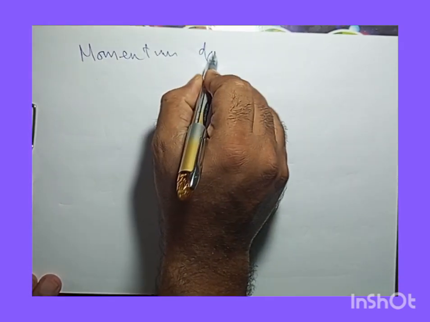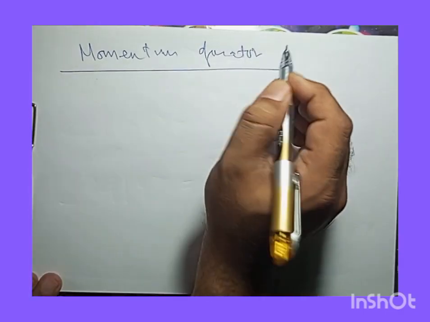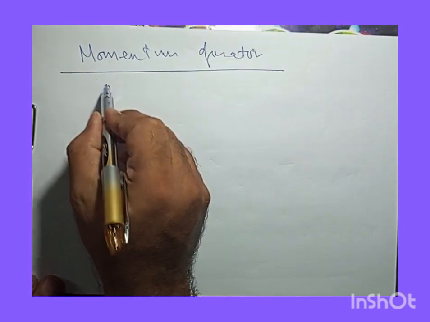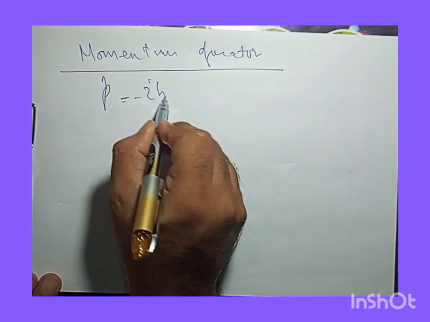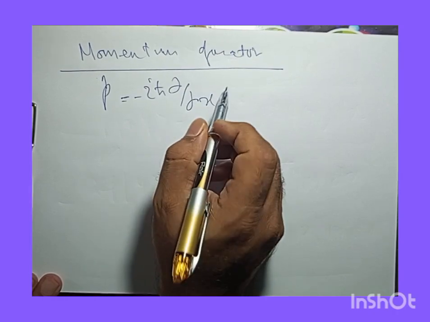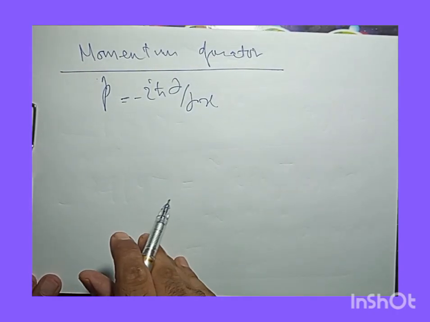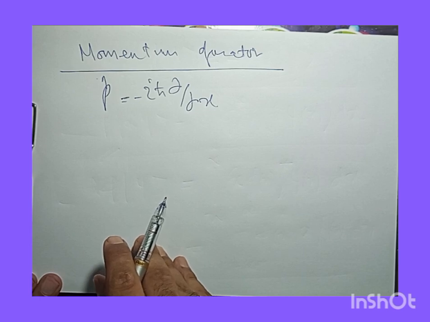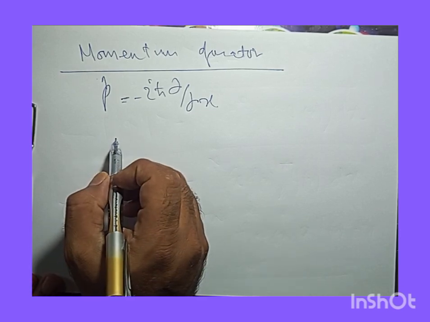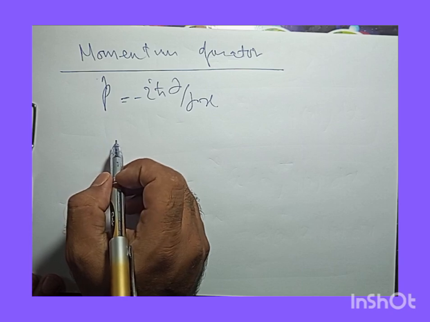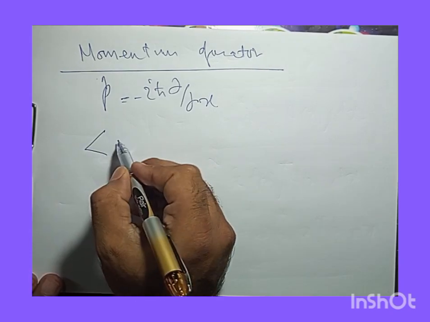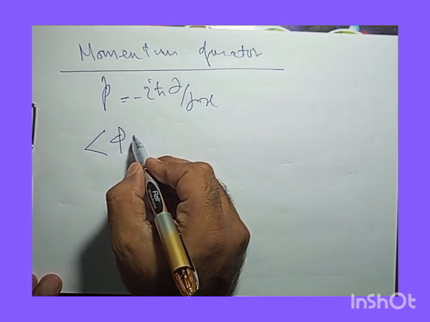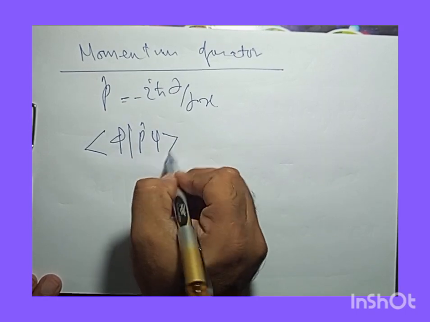Momentum operator. I wrote it down, that is minus i h cross dou by dou x. So I have written down the momentum operator in position representation. What I have to check is that this operator is a Hermitian operator. For that, I'll take the state phi, p, psi.